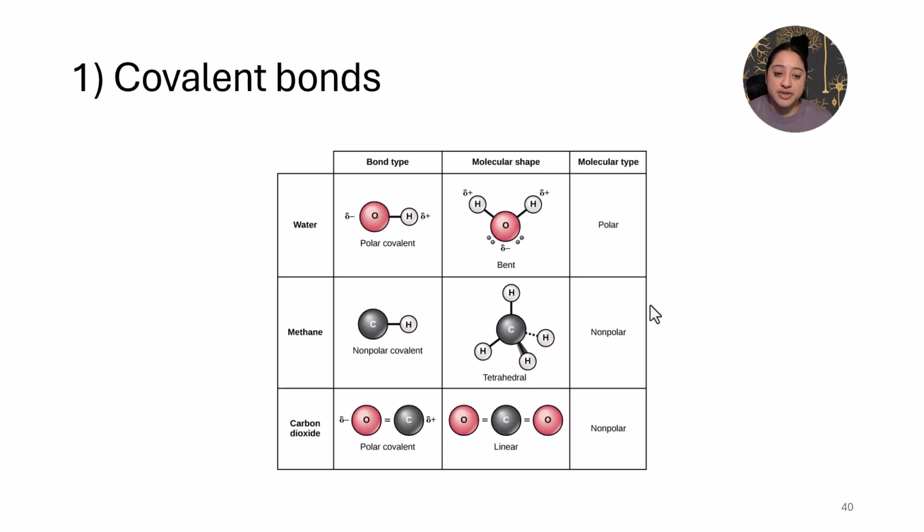And here's another figure showing different kinds of covalent bonds. If there's a polar covalent bond, then one part is going to be more negative and one part is going to be more positive. It also depends on how the atoms can fit together because of their electron orbitals.